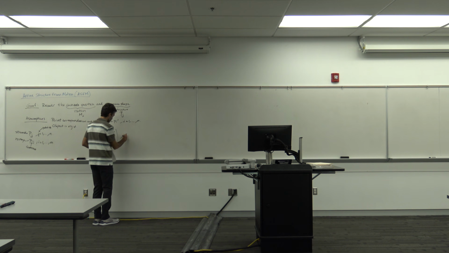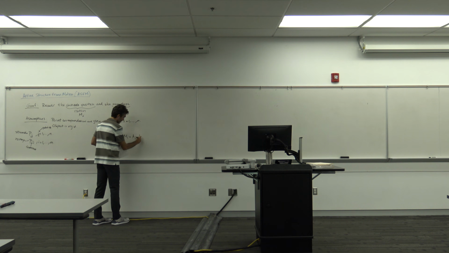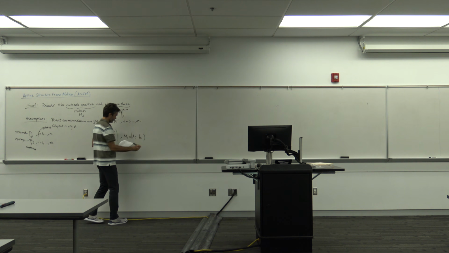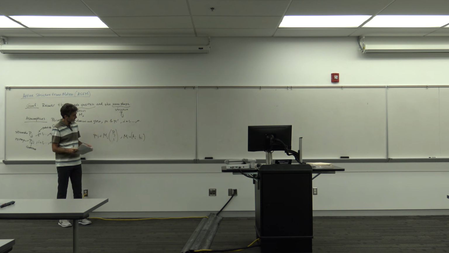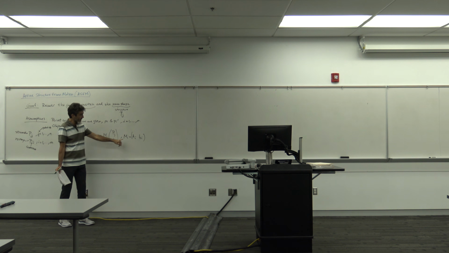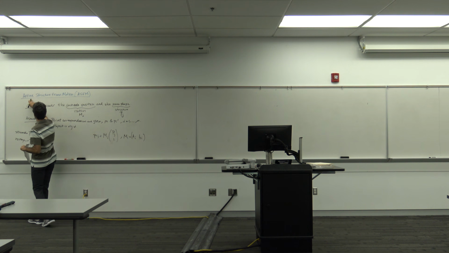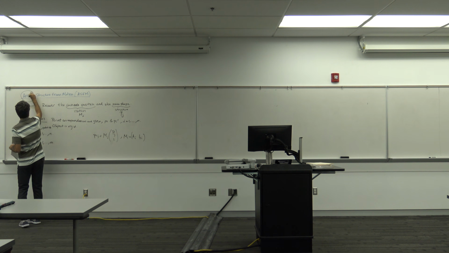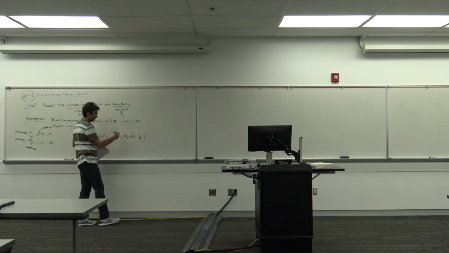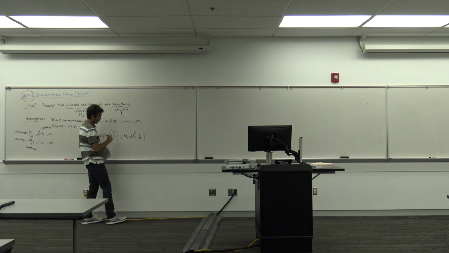And Mi, it's given by my matrix A and my vector b, right? Remember that? And because this is an affine camera, right? We're talking about affine structure from motion right here, right? This is the affine camera model.